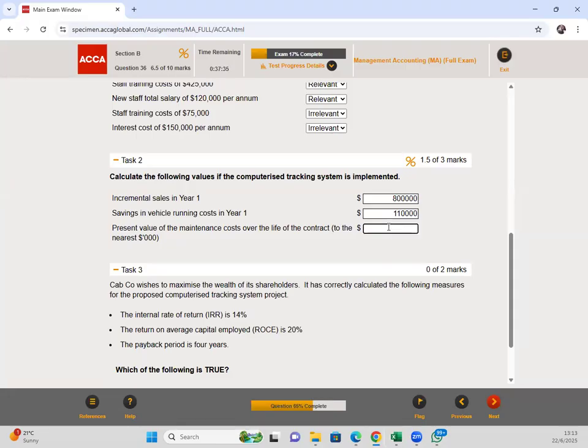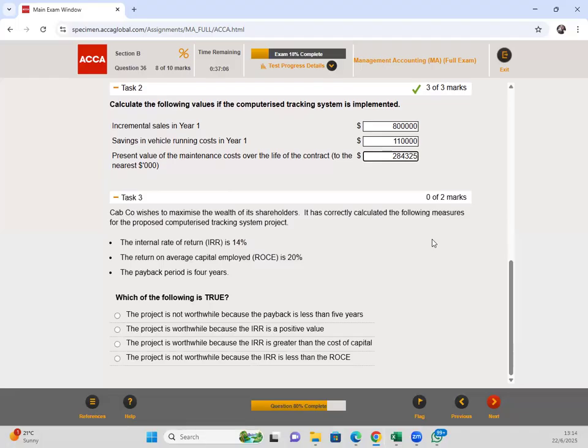Because 284 what? 284,325. Oh, the question had said to the nearest thousand, but still we got it marked that correct.